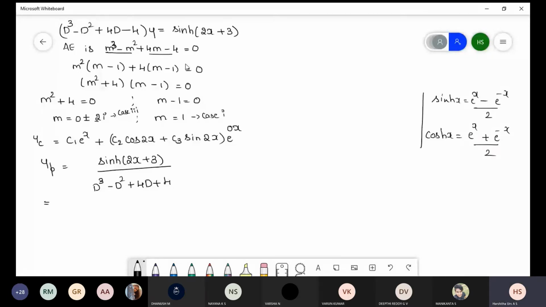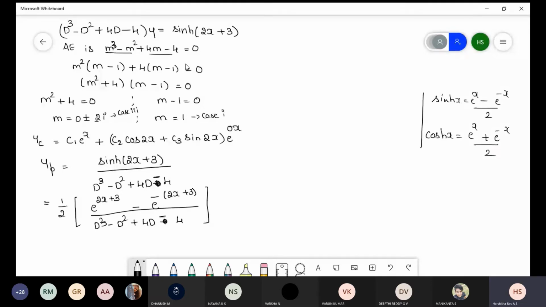Now we have sine hyperbolic here, so I will write 1 by 2 outside. Here, in the place of x we have 2x plus 3. So e power 2x plus 3 minus e power minus of 2x plus 3, divided by the differential operator D cube minus D square plus 4D minus 4.